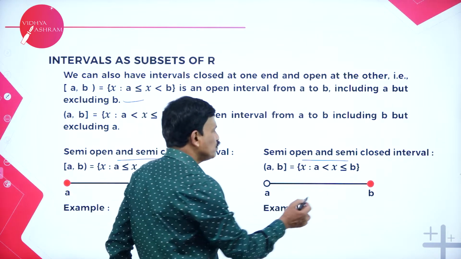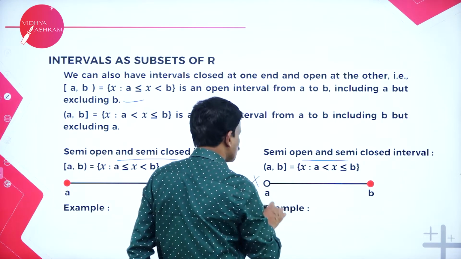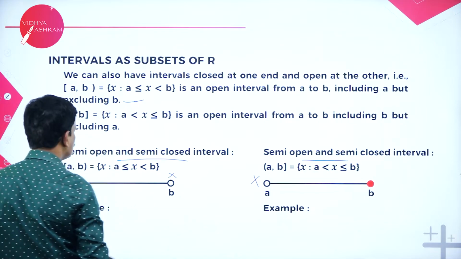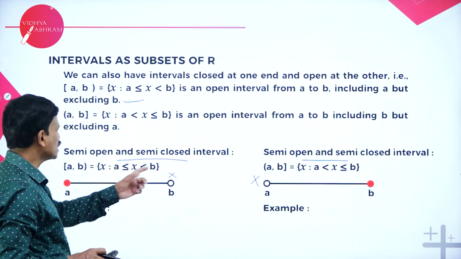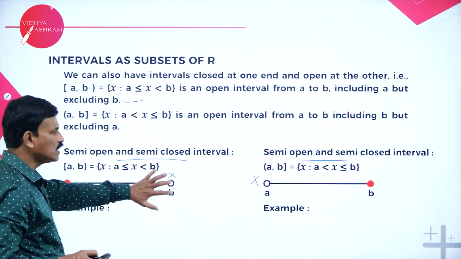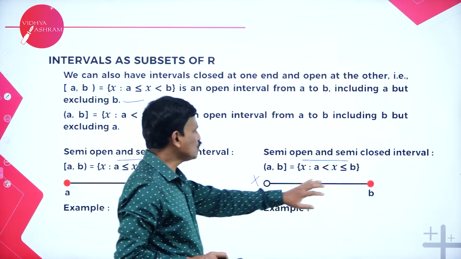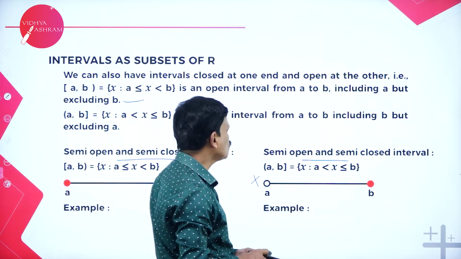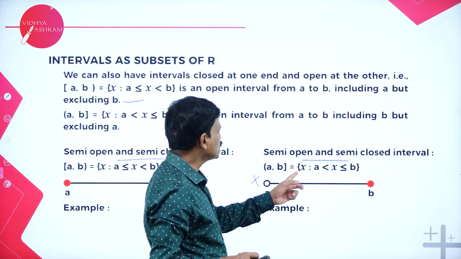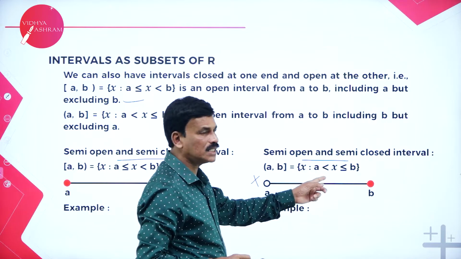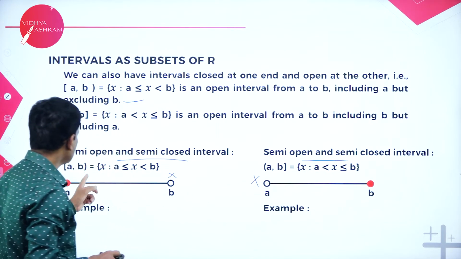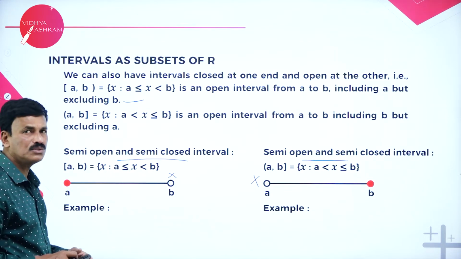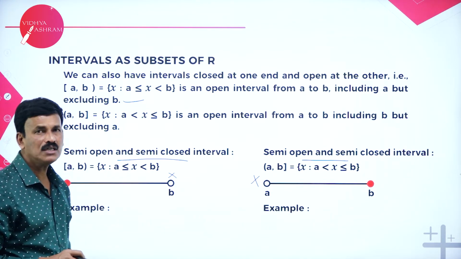So here b is included and a is excluded. And here a is included and b is excluded. That is, a ≤ x < b includes a and all the elements except b, while a < x ≤ b includes b and all the elements except a. These are the intervals.